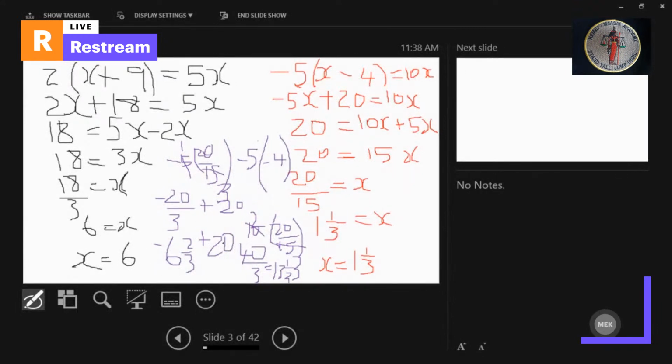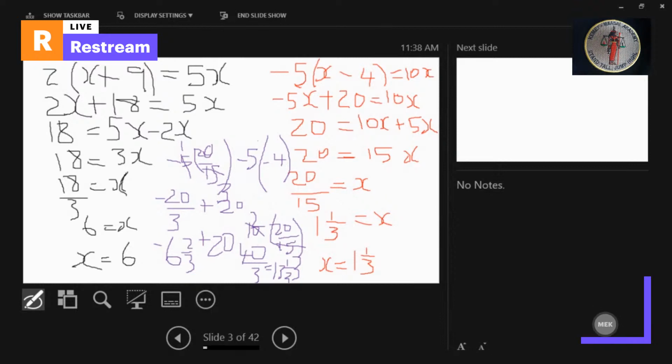So this gives 13 and 1/3, and this part of it, the 10x, gives 13 and 1/3. So this is just checking to make sure that when we plug the answer back in, we get the same thing on both sides.